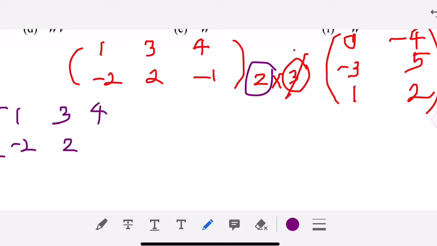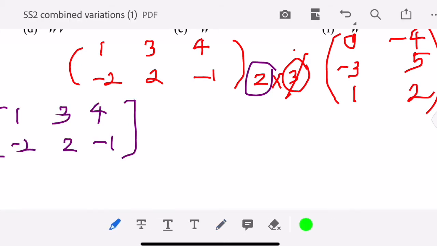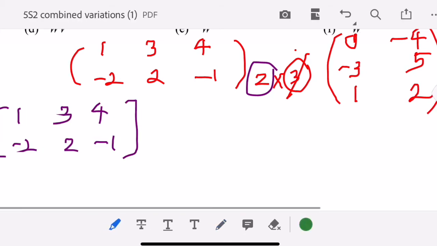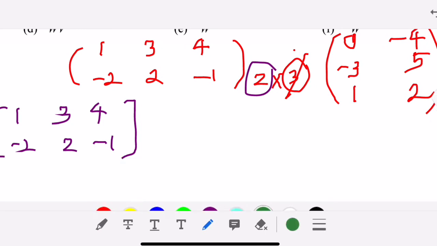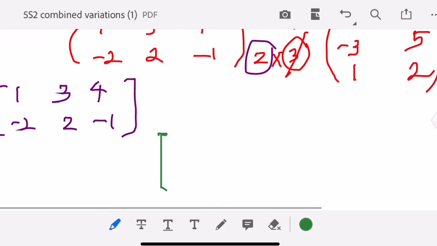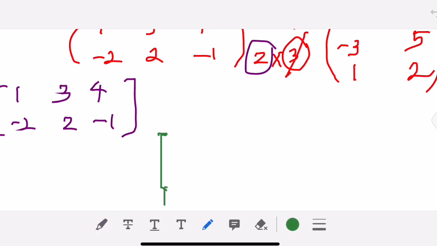Normally when we write, we focus on the elements so that we won't get it wrong. For the other matrix, we can just lower it a bit like this. You just make it lower a bit.